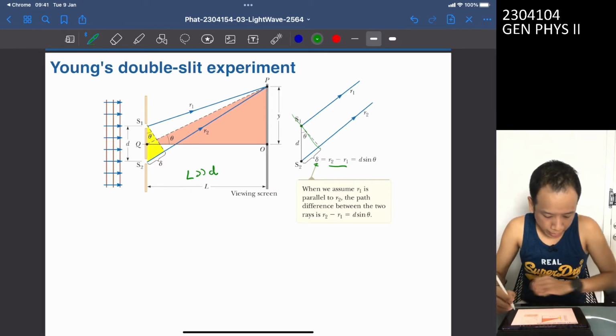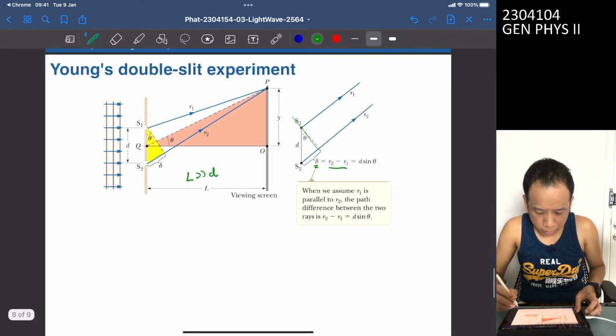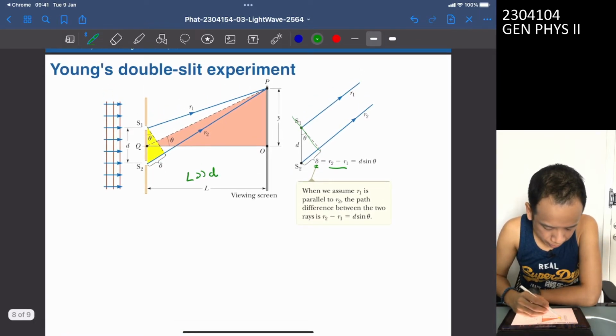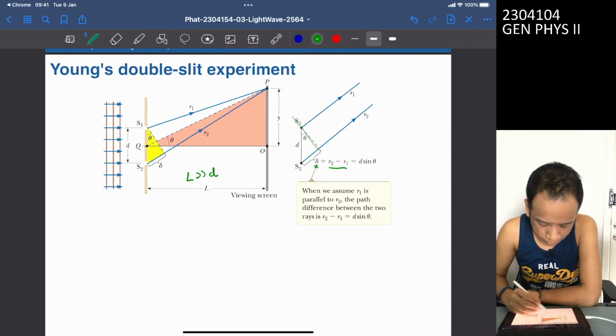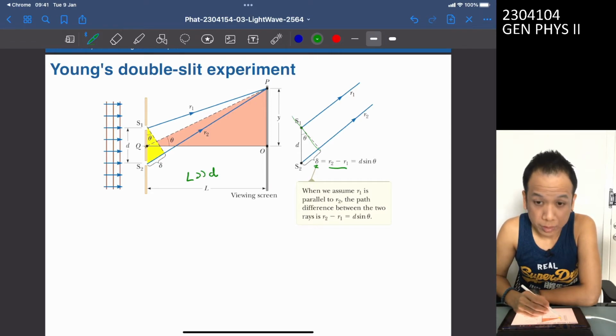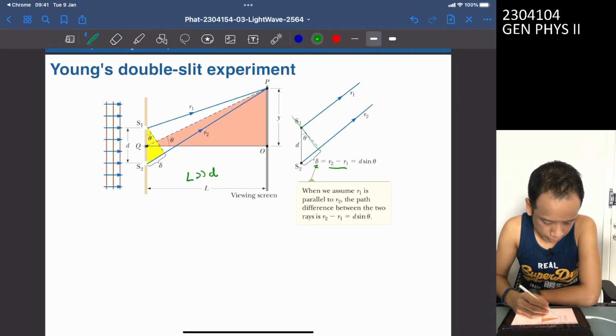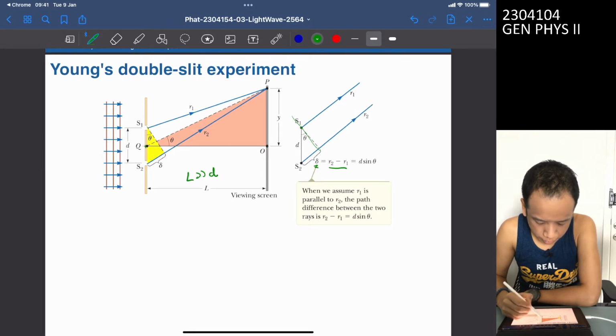Okay, and then if you are trying to measure from the center between the two sources, you draw a line from the center of the slits to the center of the screen.